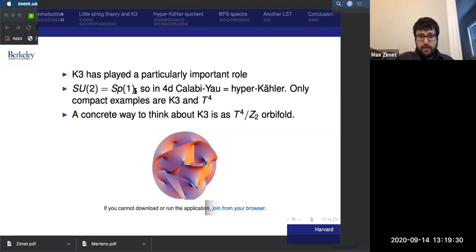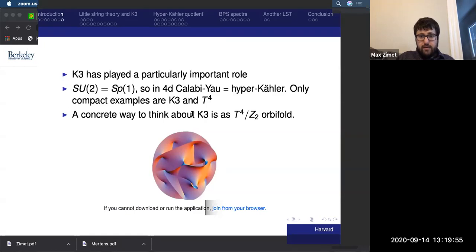And because of this accidental isomorphism, it's not just Calabi-Yau, it's hyper-Kahler, because in 2 complex dimensions, SU(2) is the same as Sp(1), so any Calabi-Yau manifold will be hyper-Kahler. And so that's maybe one way of understanding why the only compact examples in 2 complex dimensions are K3 and T4.